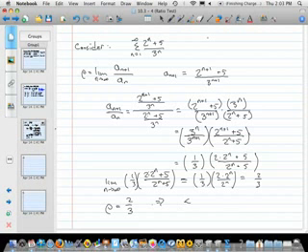Let's see, write that down. That's a horrible sigma. This implies that the sum from n equals 1 to infinity of (2 to the n plus 5) all over 3 to the n converges. We don't know where, doesn't matter.